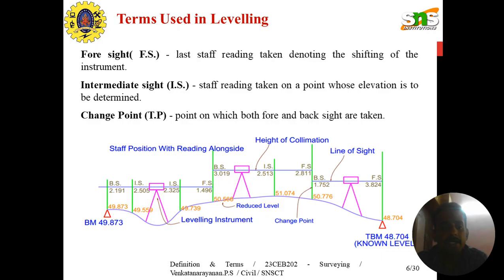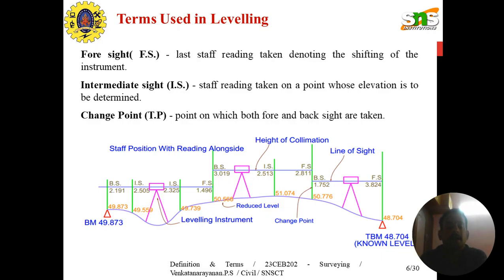The first and foremost reading is taken on the benchmark, and the leveling staff reading is 2.191 meters, and the reduced level of benchmark is 49.873. So the height of instrument will be the sum of reduced level of benchmark and the leveling staff reading. So the height of instrument will be 49.873 plus 2.191.